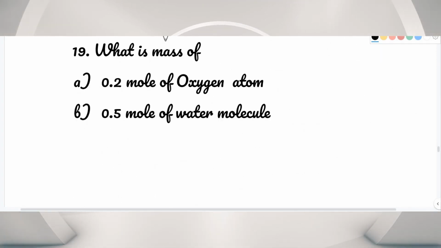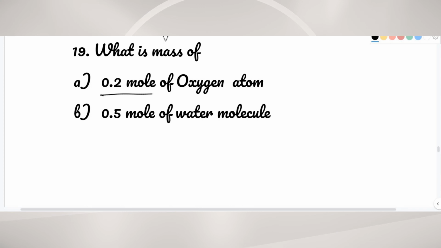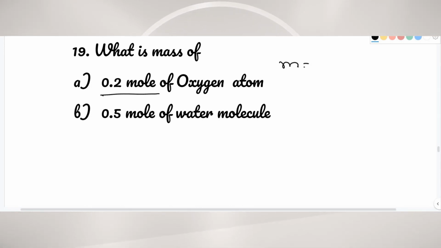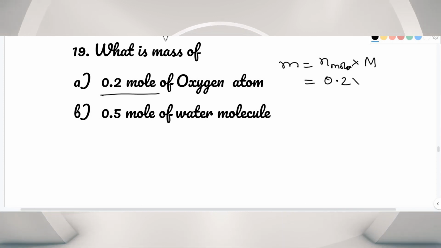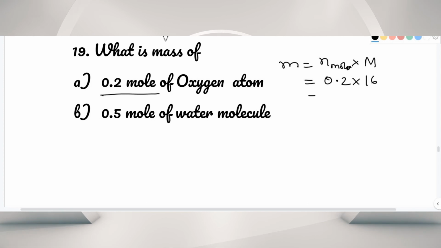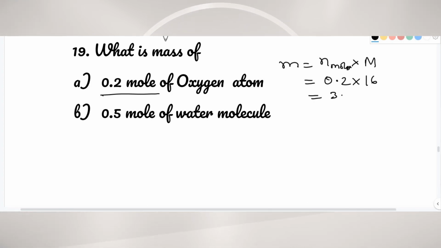Okay. What is mass of 0.2 mole of oxygen atom? Mass is the number of moles times molar mass. So here 0.2 times oxygen atom. So 16. So that is 3.2. 3.2 grams.